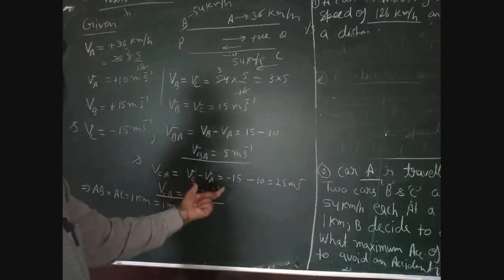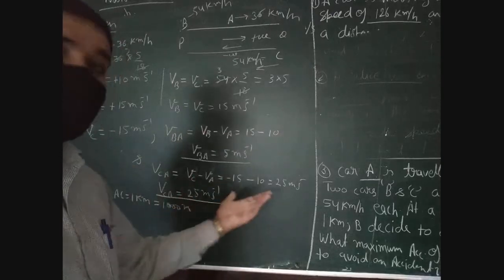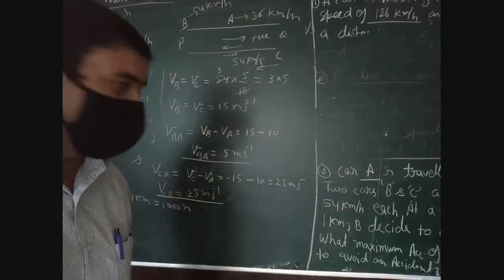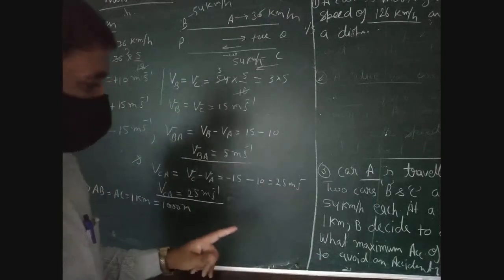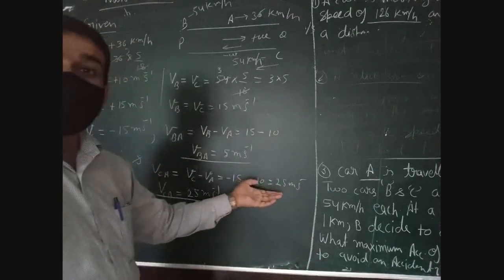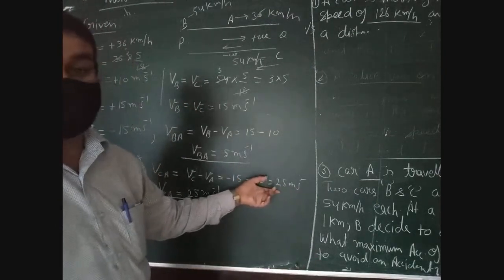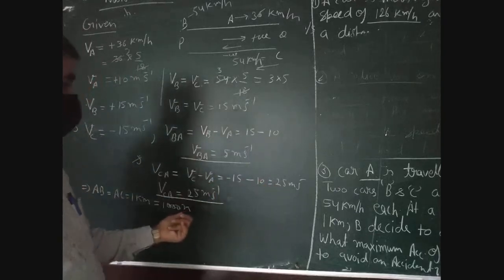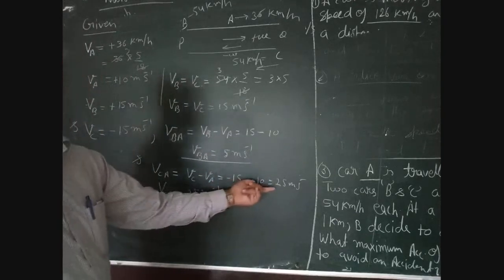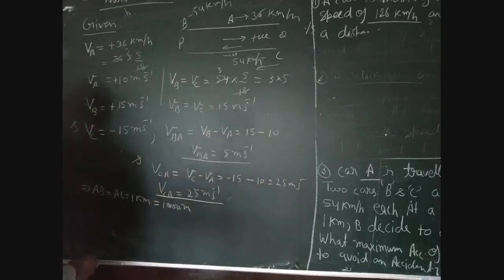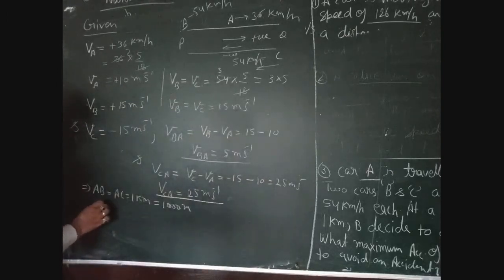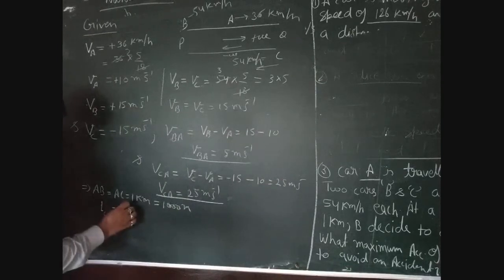Because both are at equal distance from car A, first we calculate the time taken by C, because it is faster than car B. So the time taken by C is equal to distance upon speed.